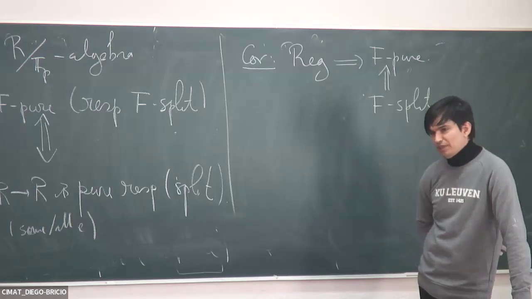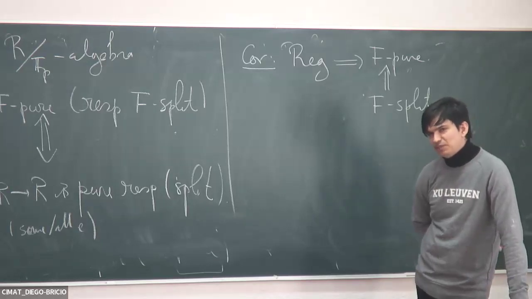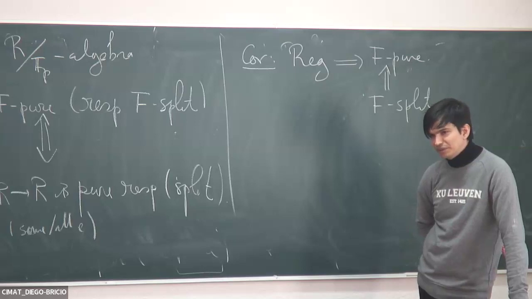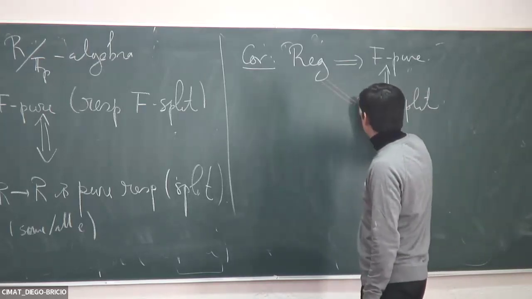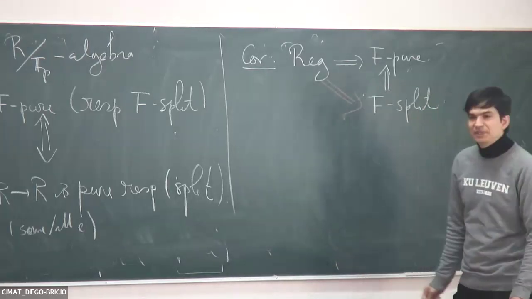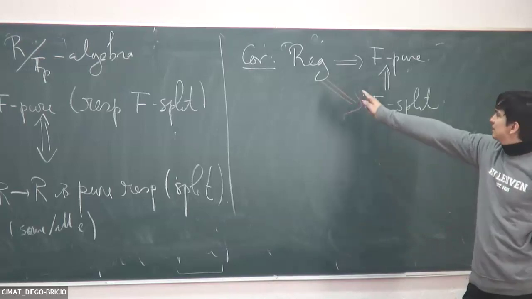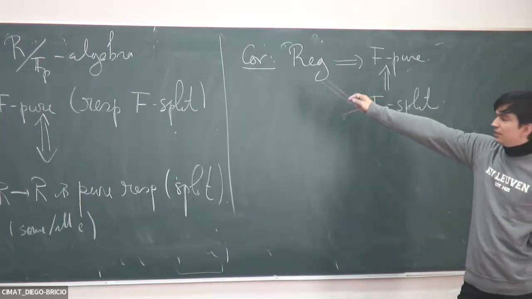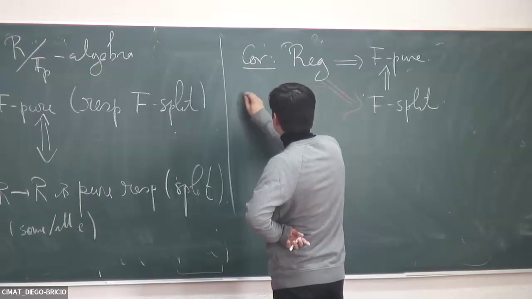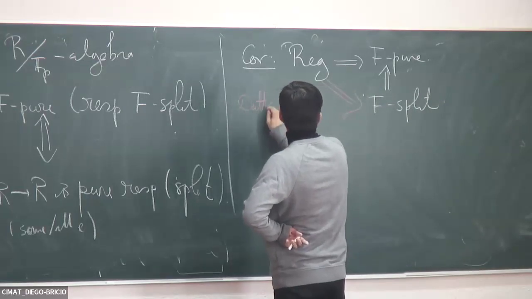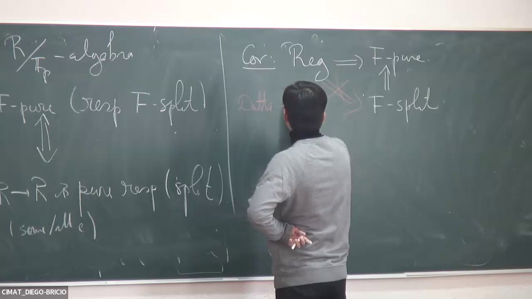You may be tempted to say yes, but actually it wasn't known until recently, apparently, that it was the case. So there's a very recent counterexample that I should add to the notes as soon as I have some time, that says that regular rings are not F-split. And this is an example by Rankeya Datta and Karen Smith.